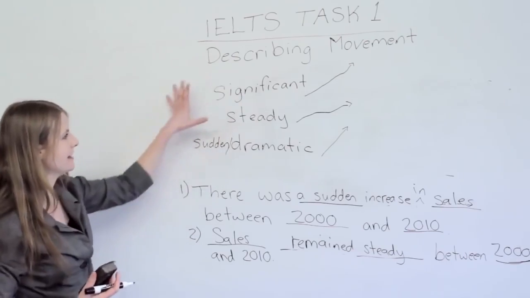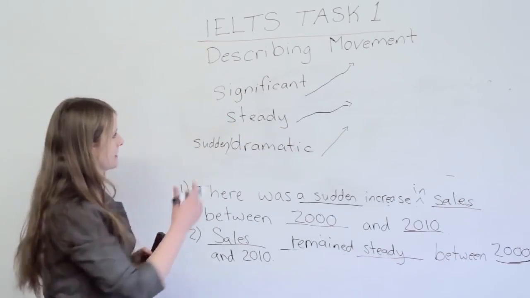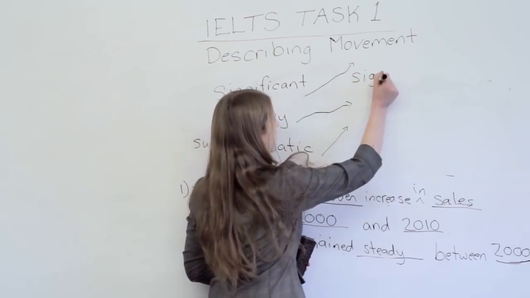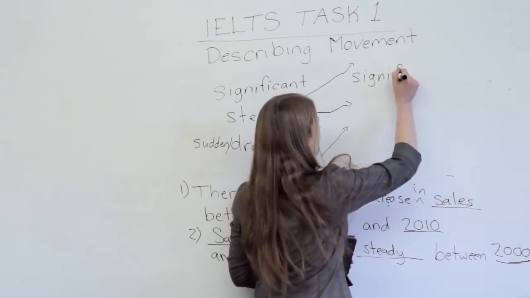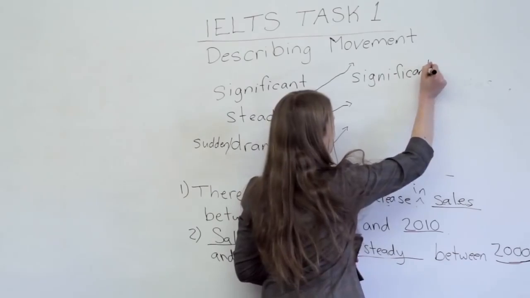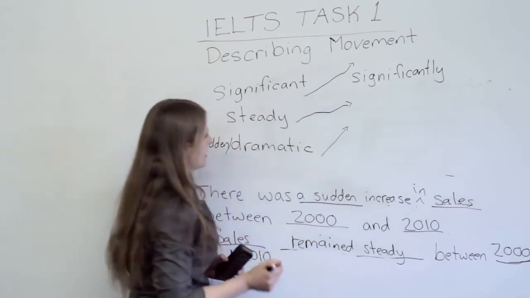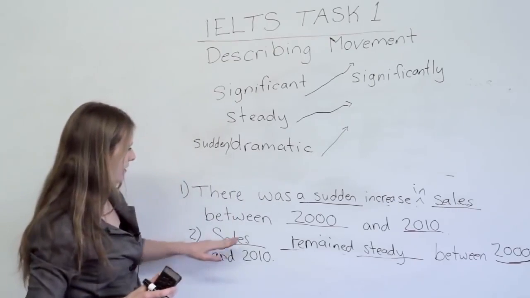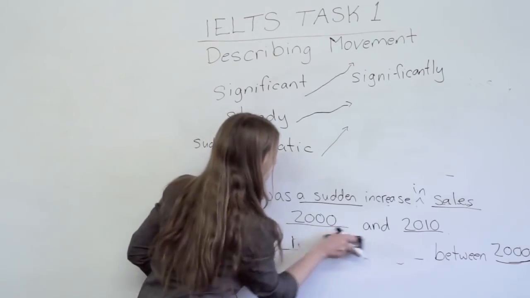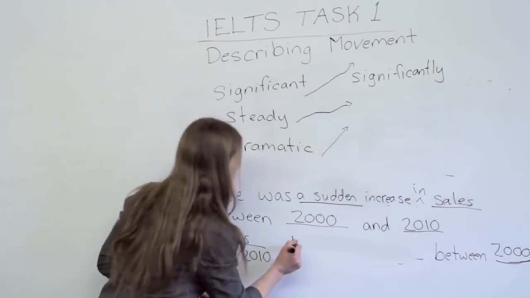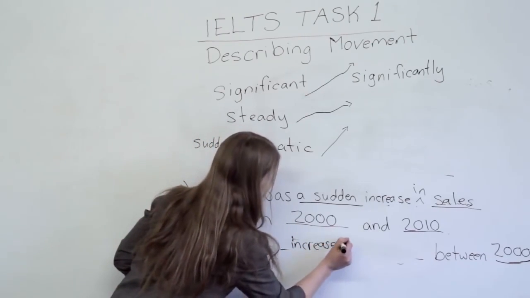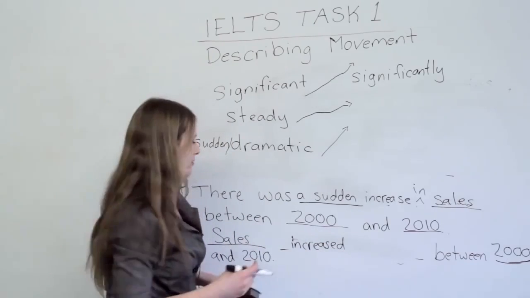Similarly, we can turn all of these into adverbs. Significant is an adjective. If we want to describe it as a verb, we can say significantly. Steadily. Dramatically. Suddenly. Sales, we're talking about an increase. Sales increased or went up, any of those verbs we learned earlier.